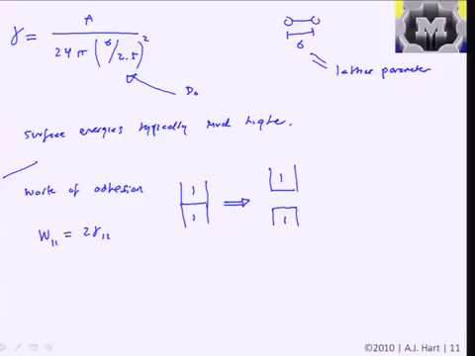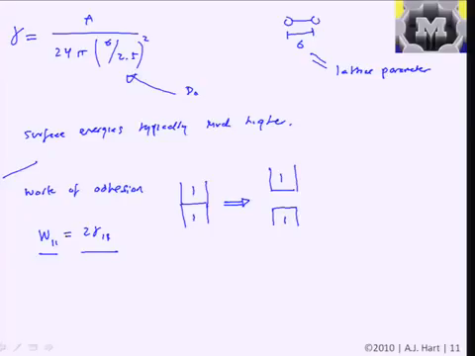And in terms of notation, we'll say that the work of adhesion is equal to twice the surface energy gamma. Essentially, you need to apply this amount of energy to separate a surface into two unit areas.